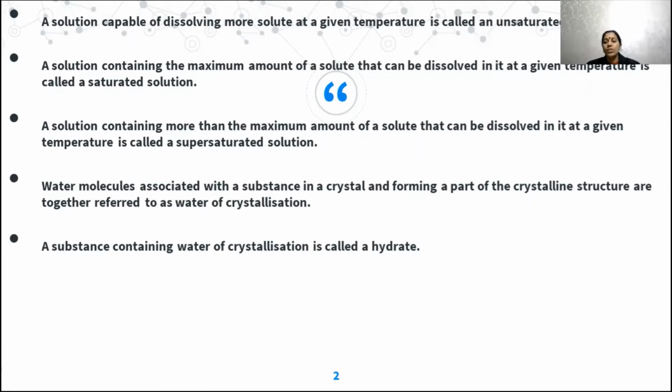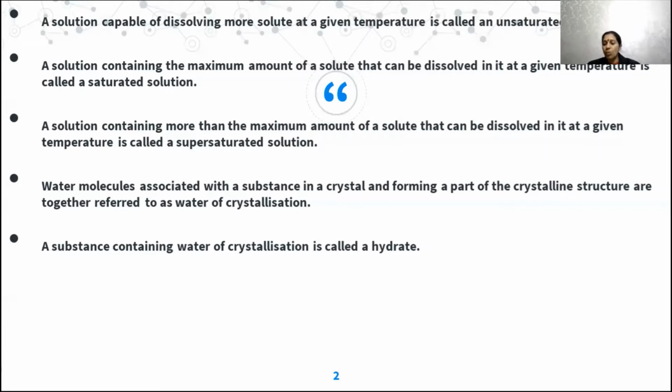Then the next point is a solution containing more than the maximum amount of solute that can be dissolved in it at a given temperature. That is called a supersaturated solution. So three types of solution are mentioned here: unsaturated, saturated, and supersaturated. The difference between these three solutions is very important.